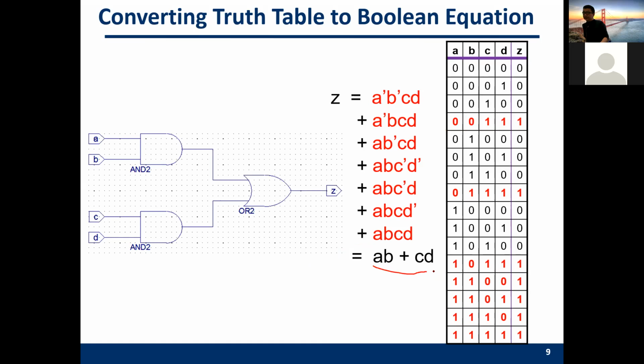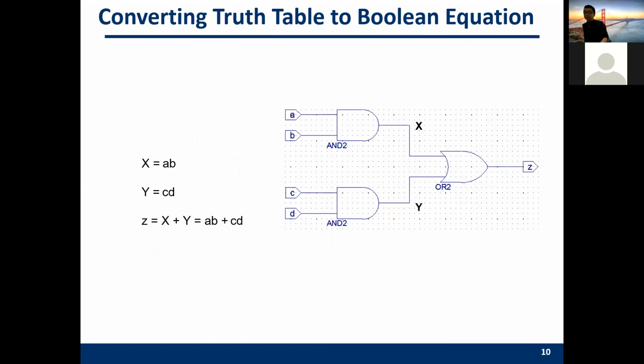So with this simple equation, we can use 3 gates to represent C. In this way, we can convert this truth table to these gates. And we can set some intermediate variables to better understand the function of this circuit.